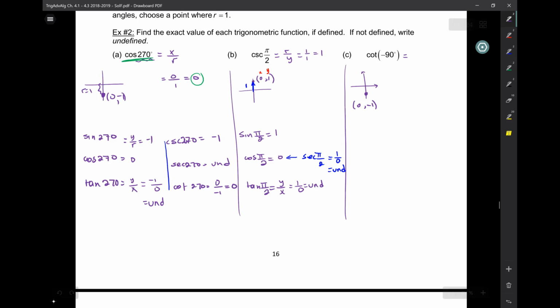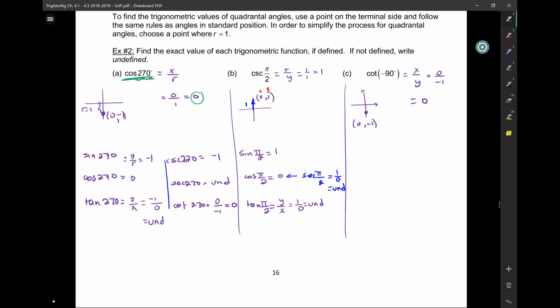It would be what over what? X over y. So 0 over negative 1, which is just 0. So for each one of these quadrantal angles, we're going to use the coordinate point.